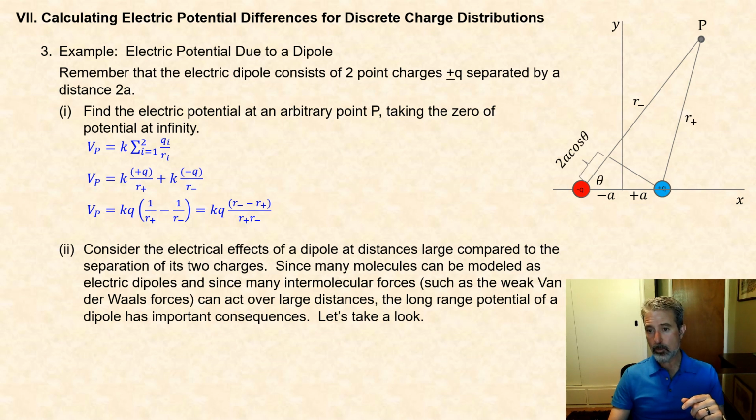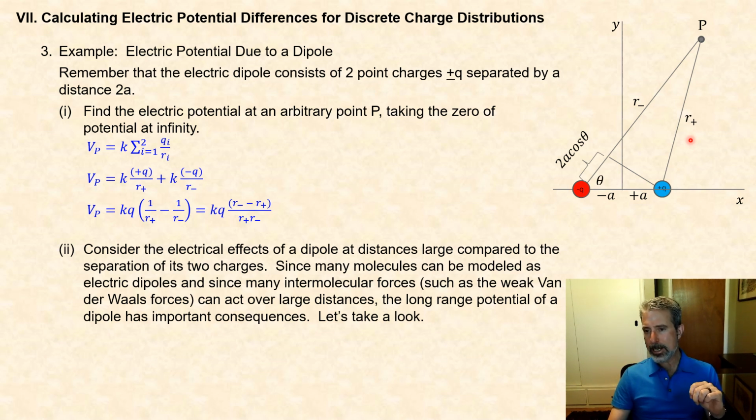So what we're going to do here is take a look here, and we'll explain where the 2a cosine theta term comes from. But notice here that, and you have to imagine that if P is very, very far away, if P is very, very large compared to a, then you would agree that R plus and R minus are going to be very close in value to one another.